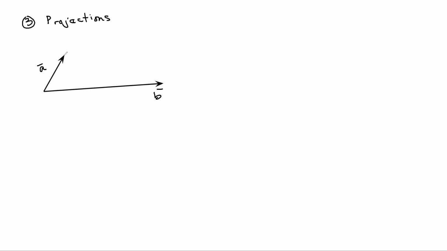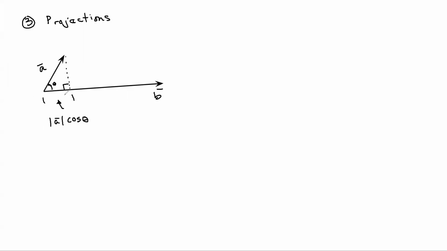We go through and we take this A and we drop down a piece that is perpendicular to B. That creates this thing here, which we said was, assuming this is theta, length of A cosine theta.